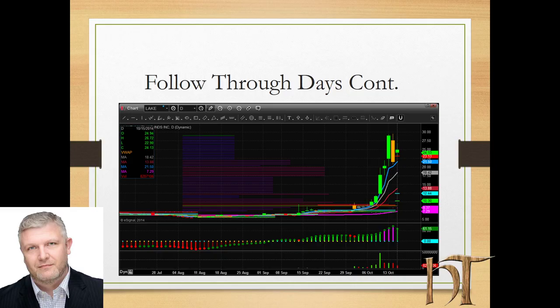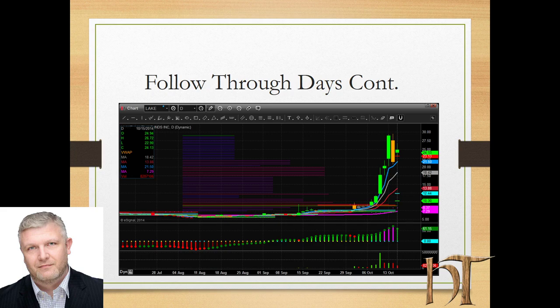We can see on a daily the stocks will surge up and they'll have a big move, a bit of a pullback, tapping the volume weighted average price. If we're watching it on the first day and let's say it breaks 15, this is going to be a day that shorts are going to have to cover.